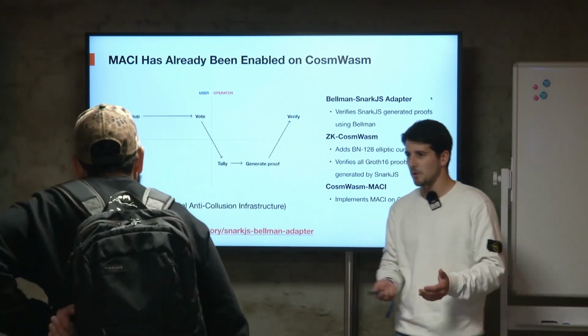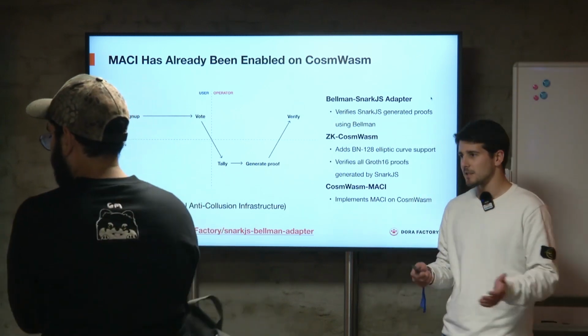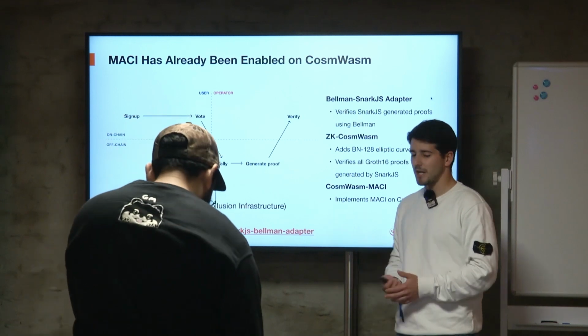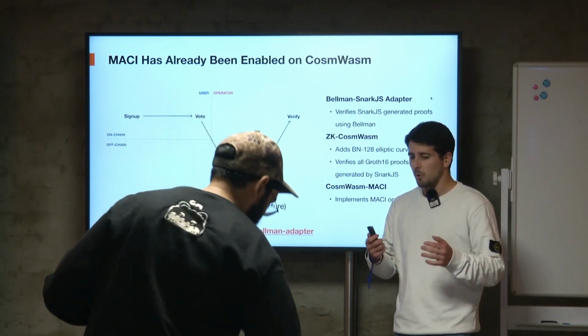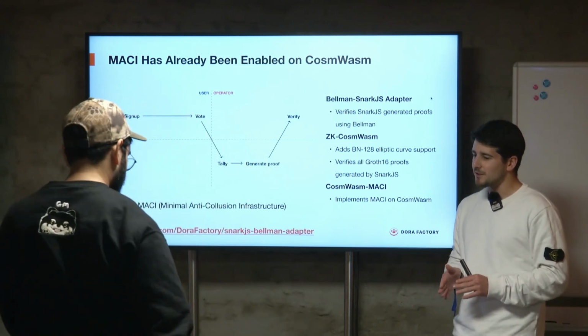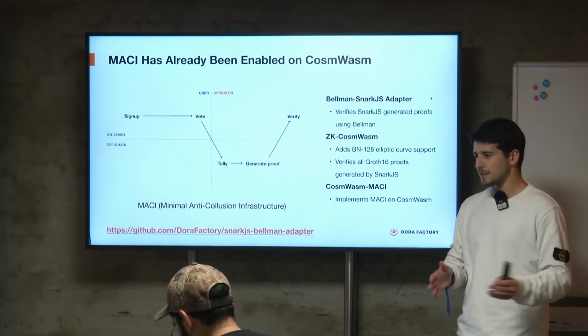So we did MACI voting rounds for EVM chains, for Solana, and for CosmWasm chains. But what we learned is that there are a number of pitfalls that come with standard MACI voting.